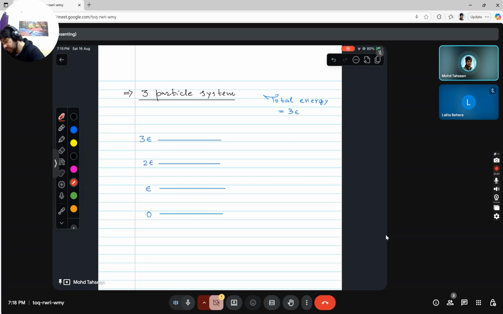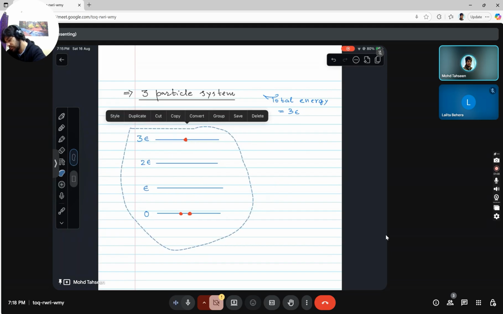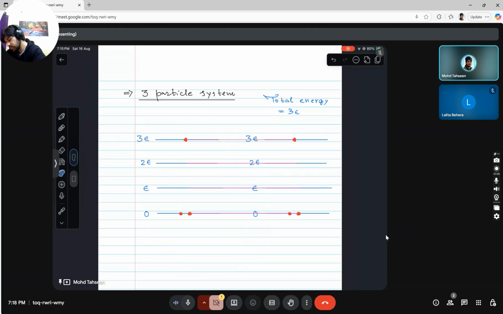So how do we achieve this? First we can have one particle here, another particle also here, and the third particle here. The total energy is still 3 epsilon. So this is one way. What would be the other way?